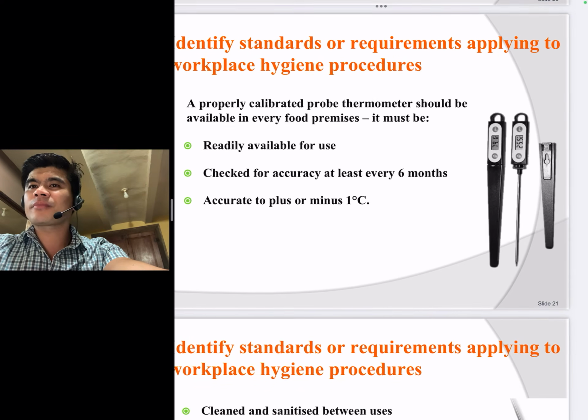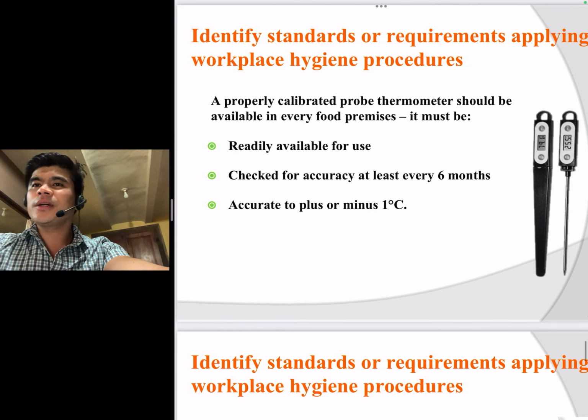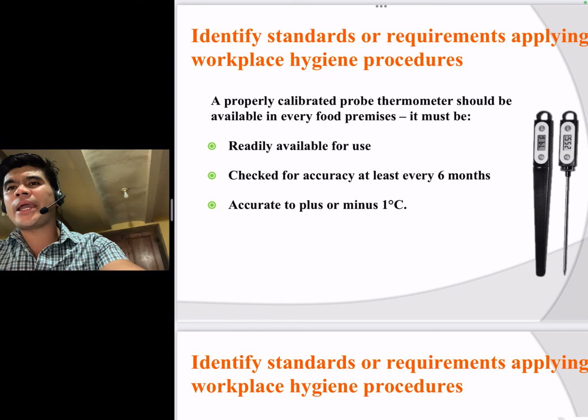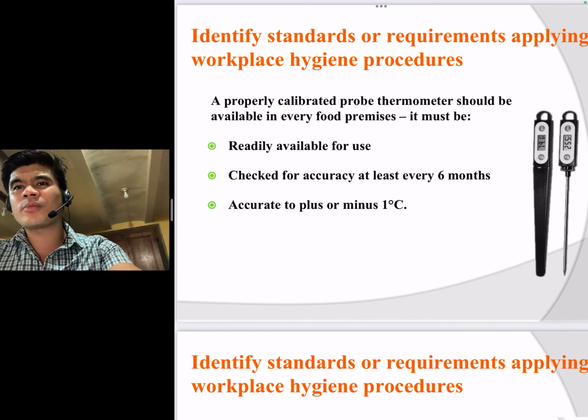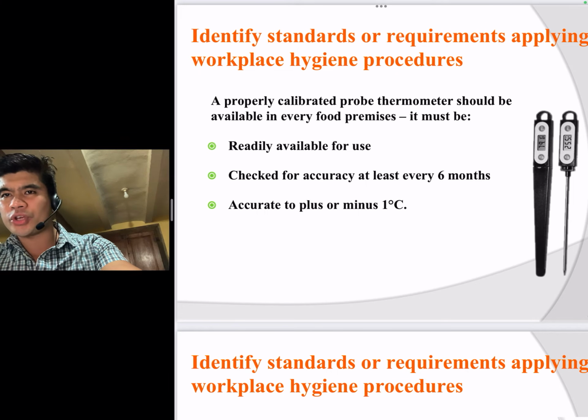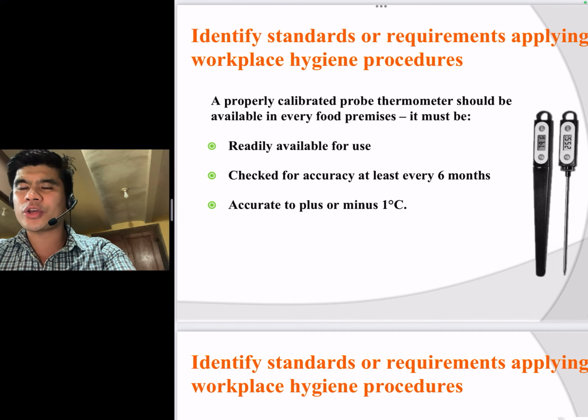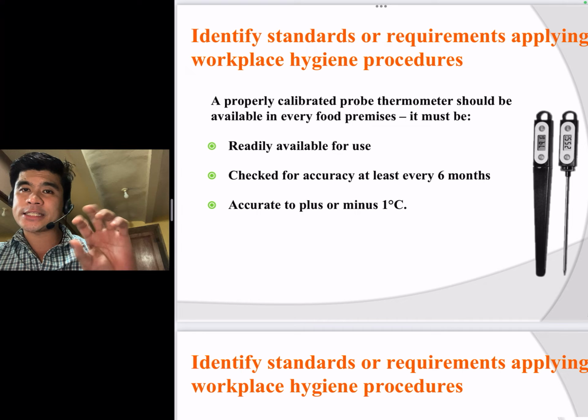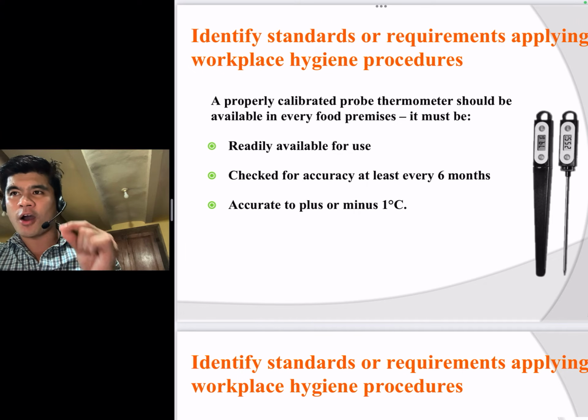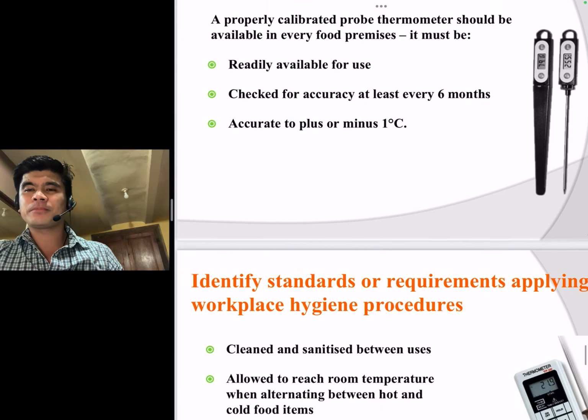Now, the thermometer should be calibrated every 6 months. I told you from the start, and it should always be readily available for use. Check for accuracy at least every 6 months, accurate to plus or minus. There's a process of calibrating it.